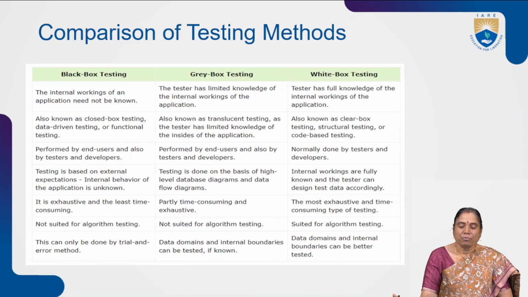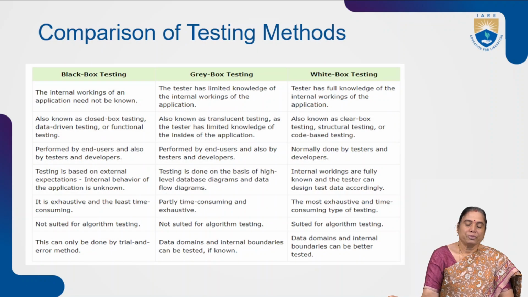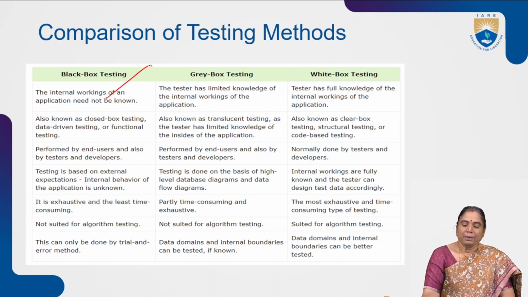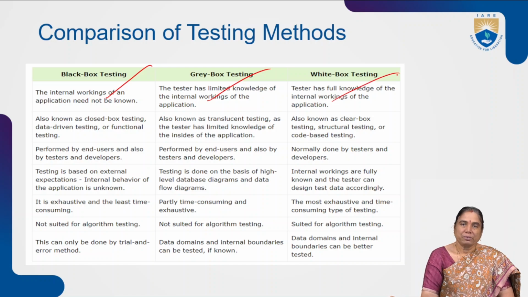In the comparison of testing methods, for black box testing the internal working of the application need not be known, but a few implementation details are required in grey box testing. White box testing is logic based testing.